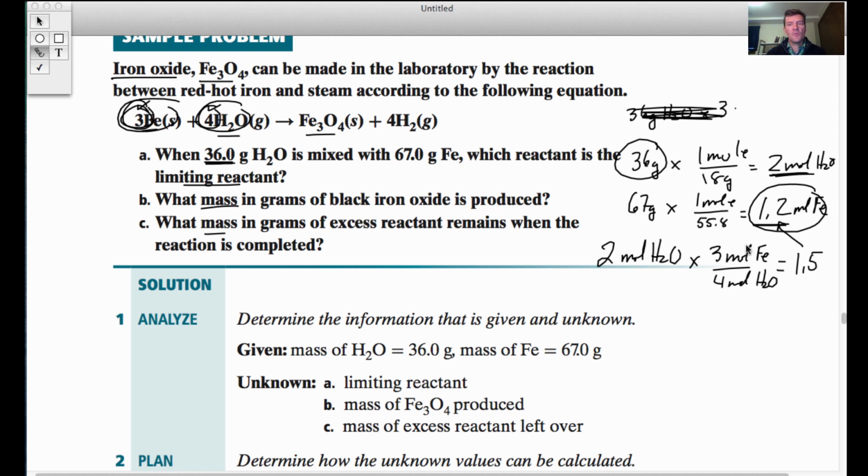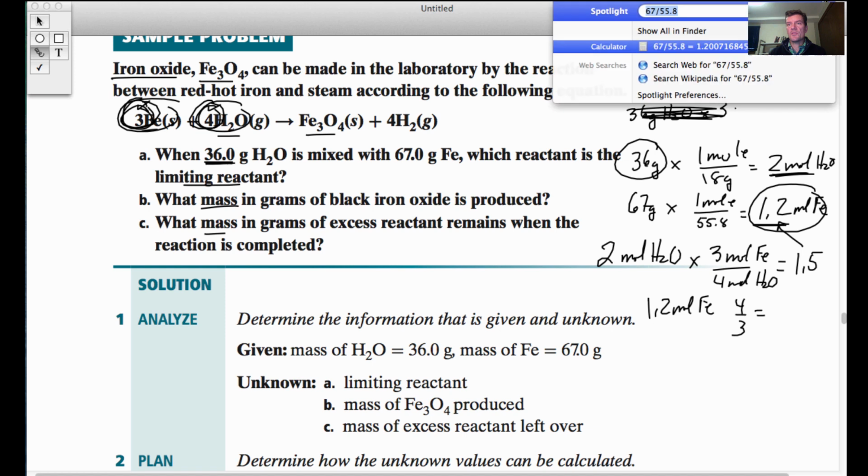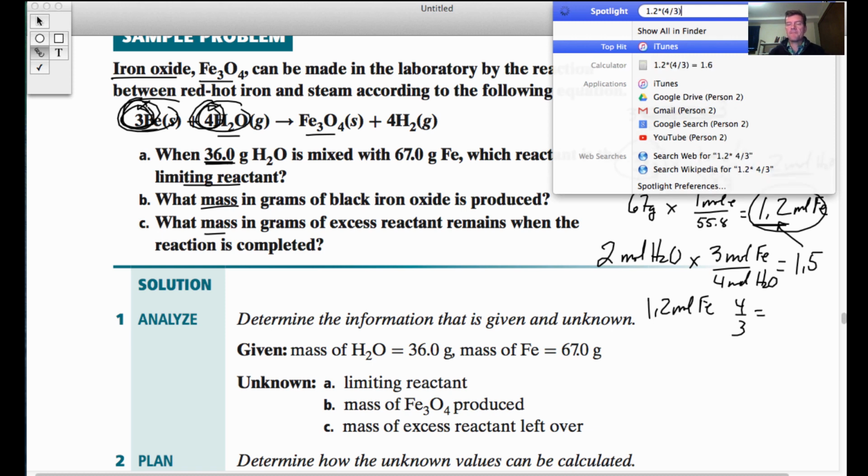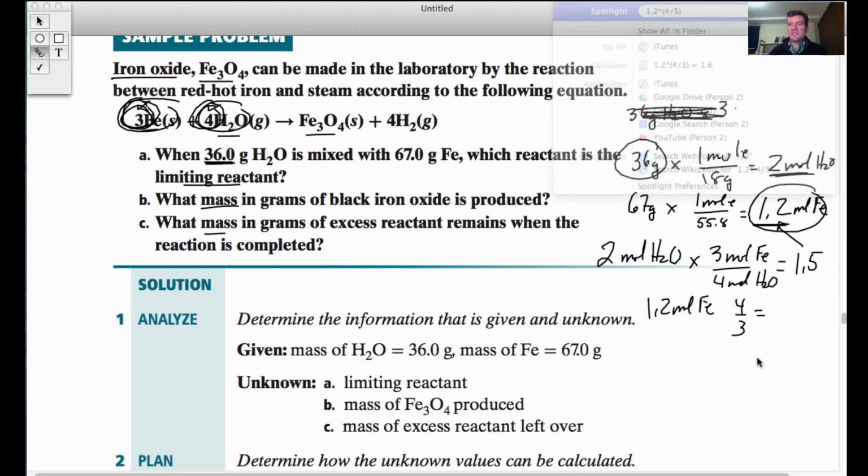Okay? So if I have 1.2 moles of Fe, I'm going to need 4/3 of that, 4 to 3, to give me the number of moles of water that I need. So 1.2 times 4/3, okay, that's going to be 1.6.